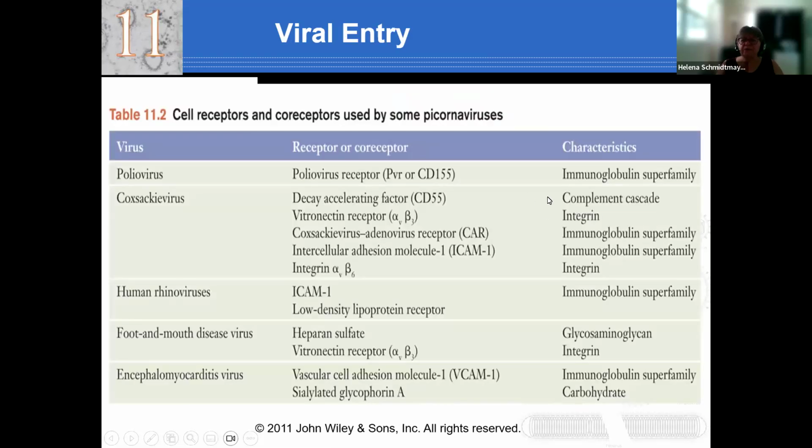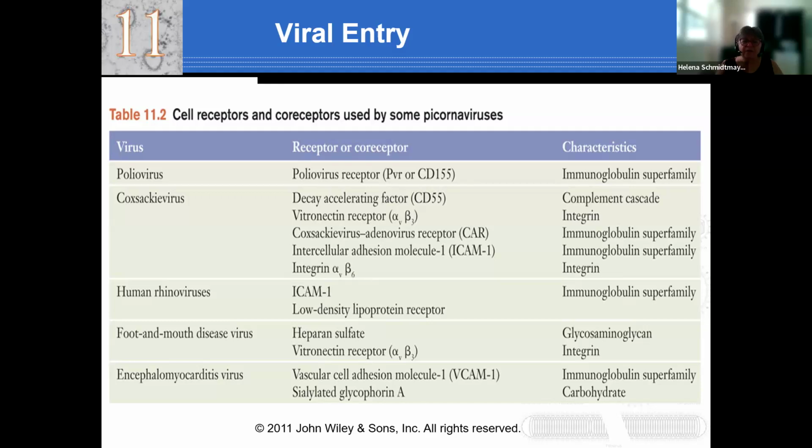So when we look at the receptor, we know the virus first must interact with a receptor. Each virus has a different kind of receptor used to enter cells, and there is quite a variety. Poliovirus binds to the so-called PVR or CD155 receptor, which belongs to the immunoglobulin superfamily. Coxsackie viruses use the so-called decay accelerating factor, CD55. This is a protein expressed on the surface of our cells that protects our cells from damage by the activated complement cascade.